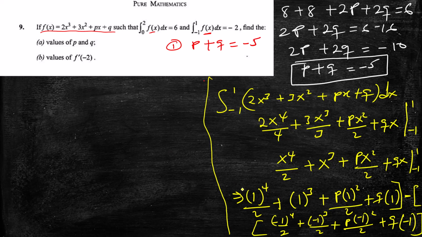Okay, 1 to the power 4 is the same as 1, so we have 1 over 2, plus 1, then p over 2, plus q.